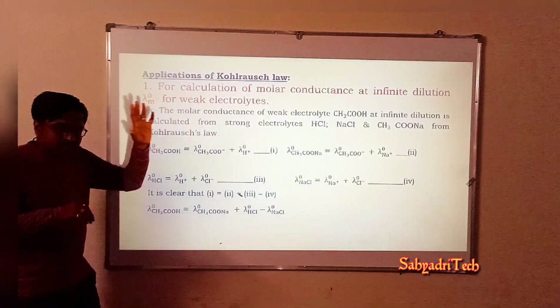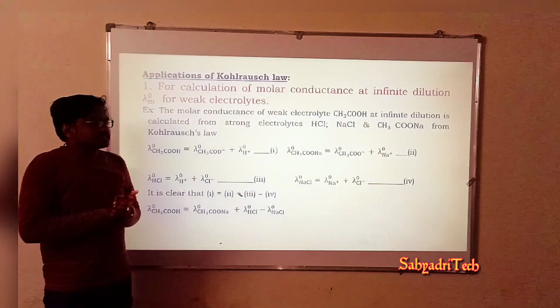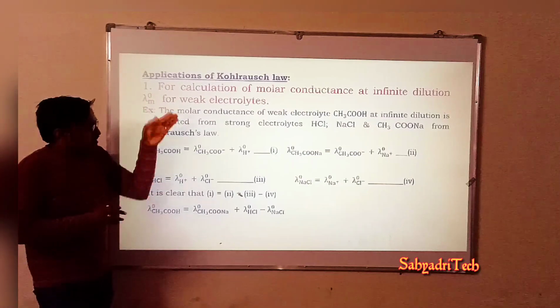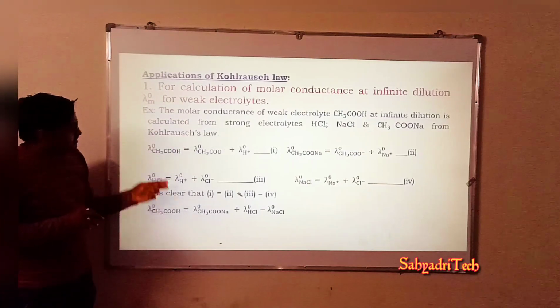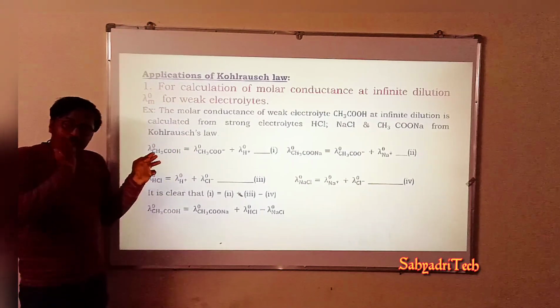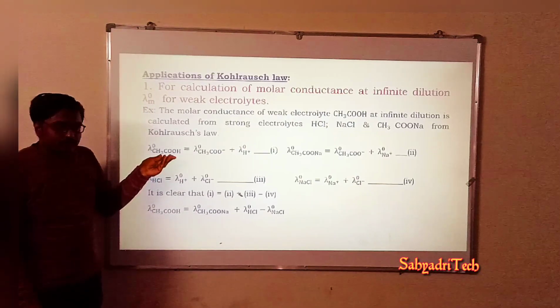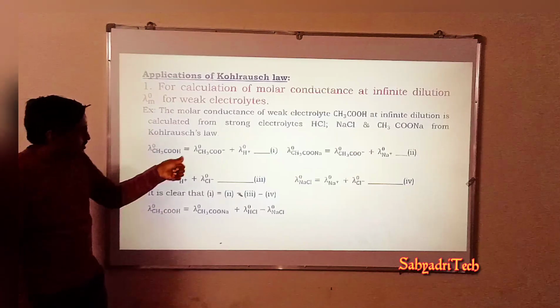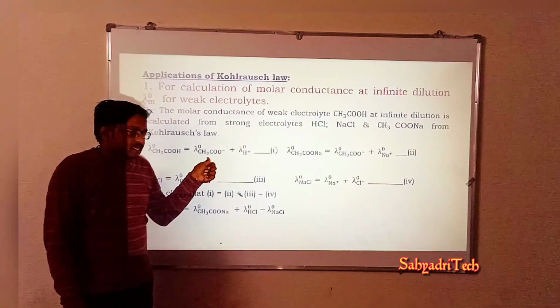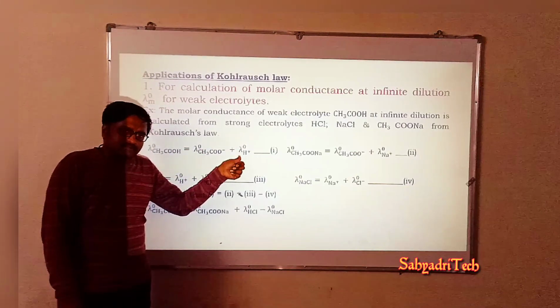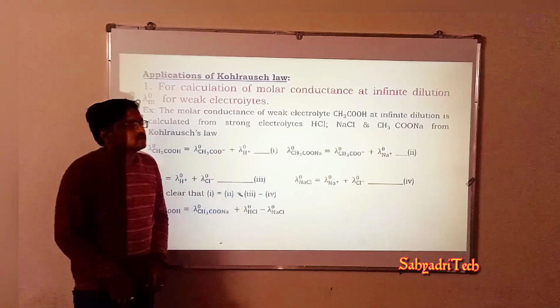With the help of knowledge of that kind of reactions, well, before going for that expression, according to Kohlrausch's law, lambda naught of CH3COOH, acetic acid, is equal to lambda naught of acetate ion plus lambda naught of H plus ion. Make it equation 1.